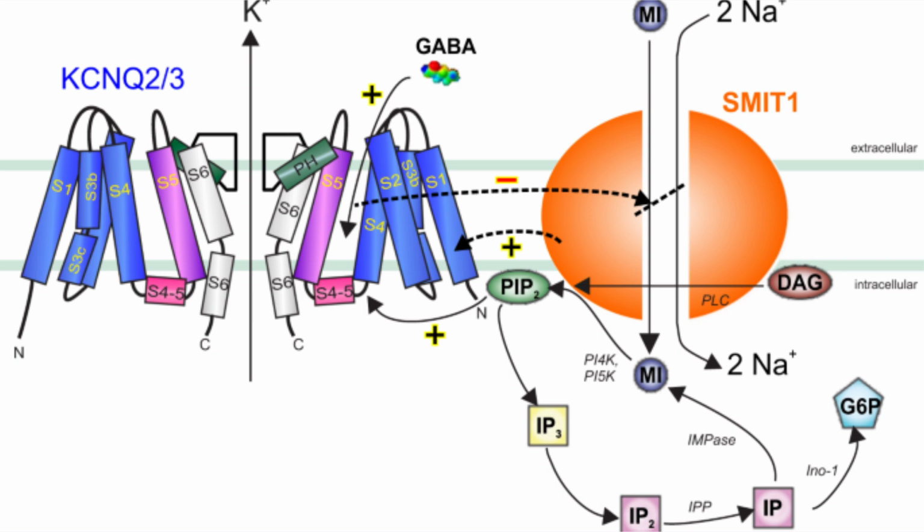Experimental block of KCNQ channels with inhibitors like XE991 can likewise cause neurons to fire high-frequency bursts instead of single spikes and reduce spike frequency adaptation. This basically shows that KCNQ2/3 enhance reliability and prevent runaway excitation, which coincidentally is exactly what we need with tinnitus.